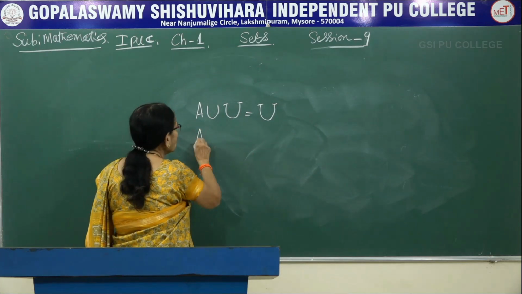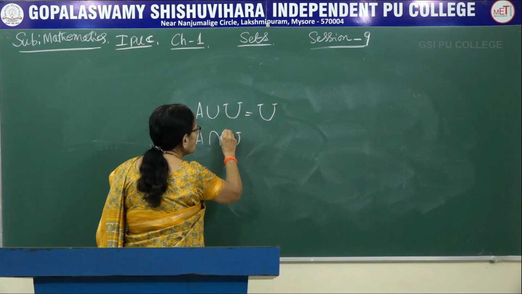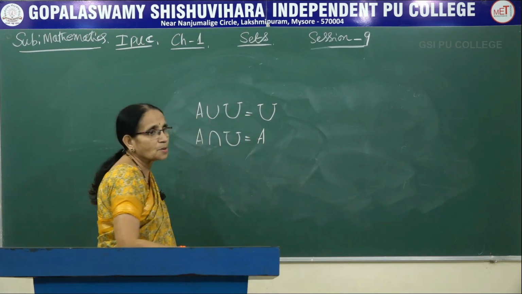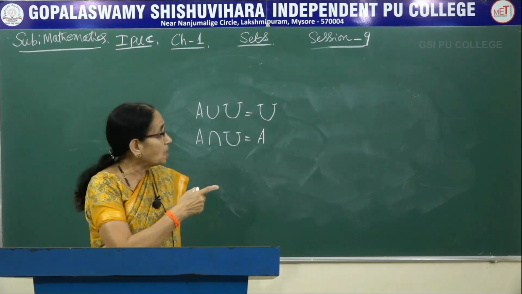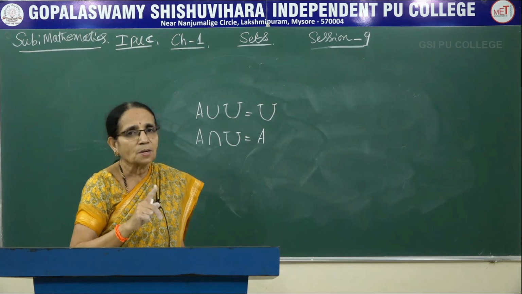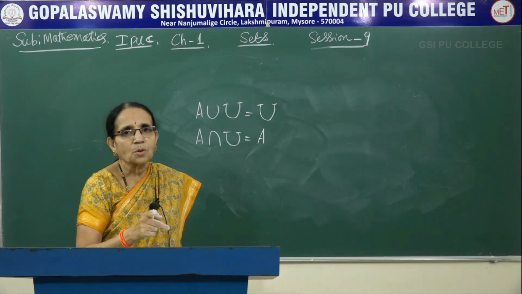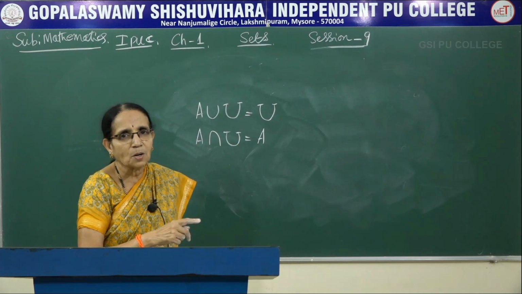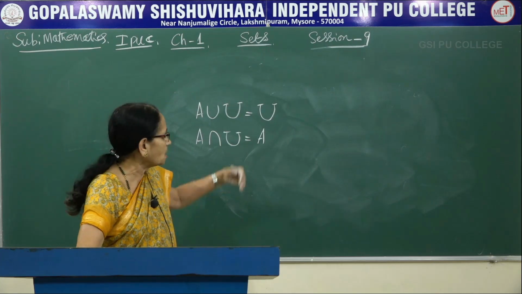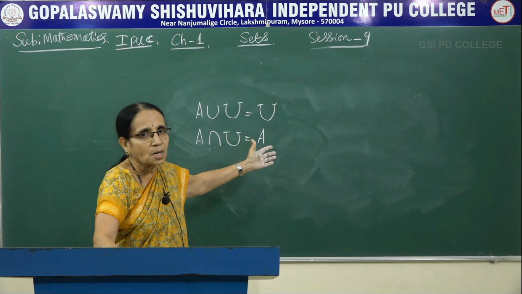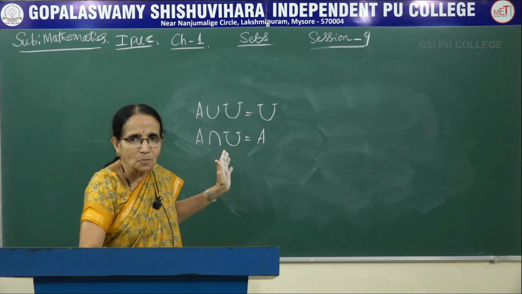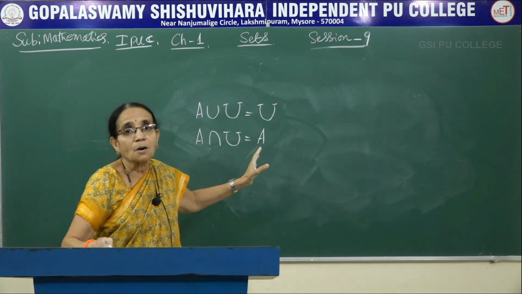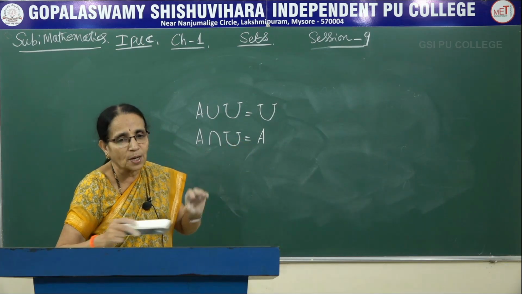Similarly, if you take the intersection of A and the universal set, it would be A, because A is a part of U. I gave an example already. If A was a subset of B, then A union B would be B. If B is a subset of A, A intersection B would be equal to B. I took a numerical example earlier when I discussed union and intersection. Here I am taking the same thing with the help of the universal set. This is called the law of the universal set, or law of U.